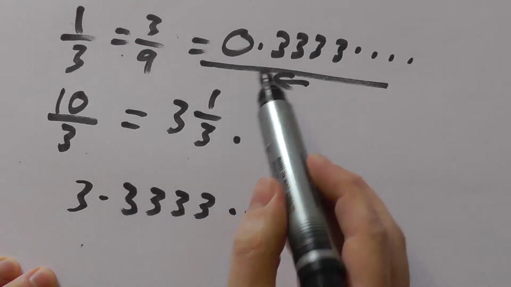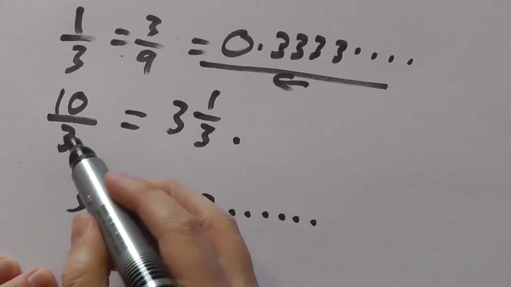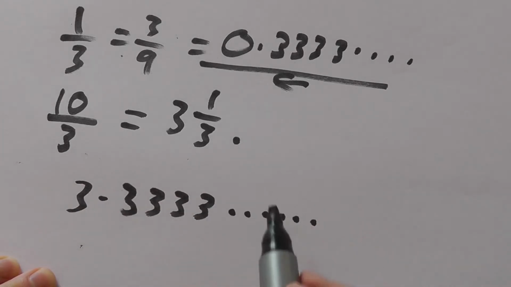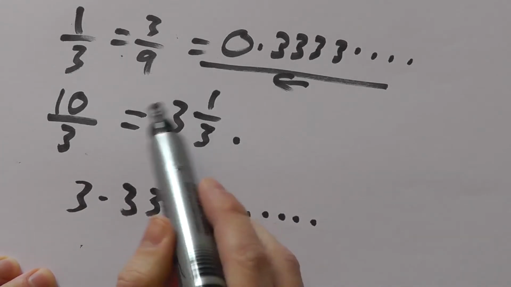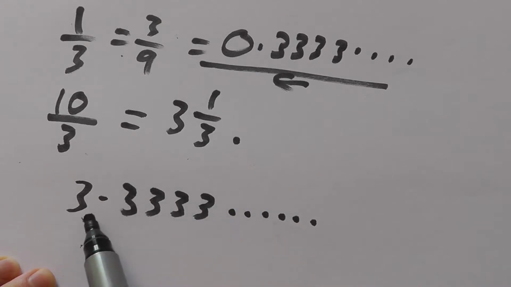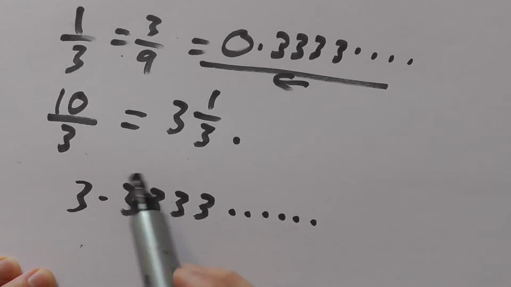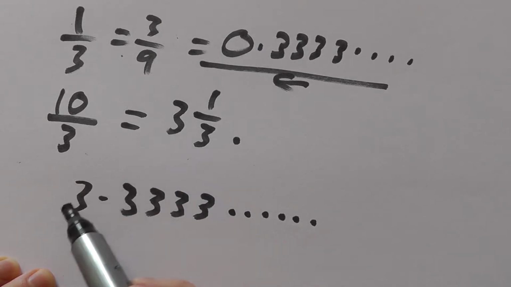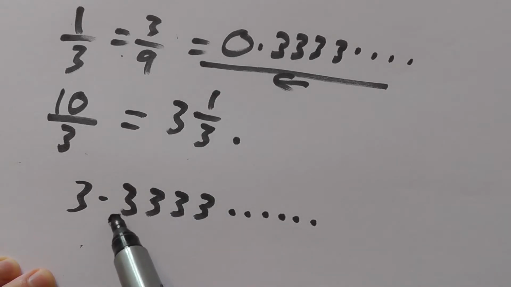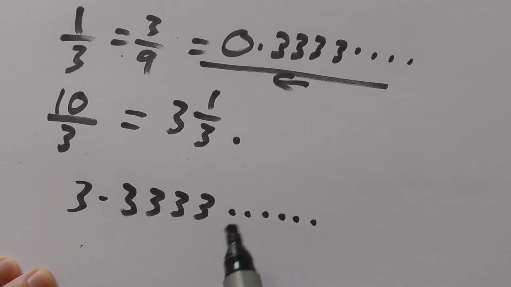Anyway, there's a few interesting things about this. 3 1/3 is 3.33333, and you say, well, that's obvious, isn't it? Because there's the 3, and there's the third, the 0.33333.